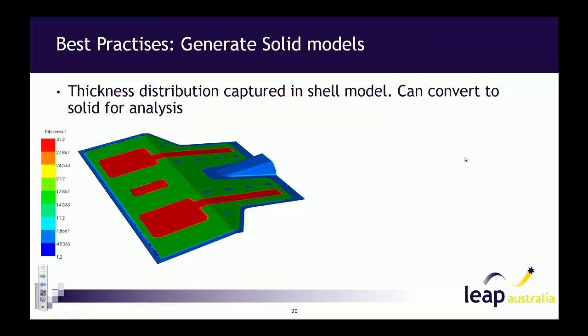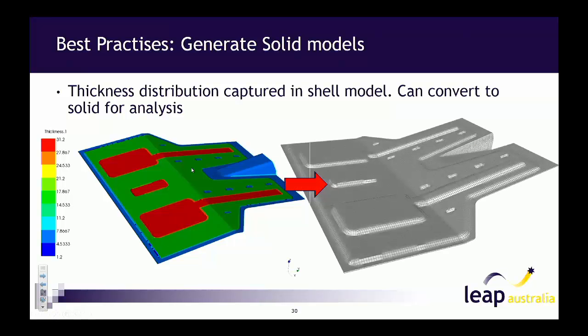I have a sandwich structure here. I've been dealing with surfaces this whole time, shell models this whole time. But when we're getting these thicknesses, so this is a sandwich composite maybe, we've got a thickness of 31 mil. Simulating that as a shell is probably not the right idea.